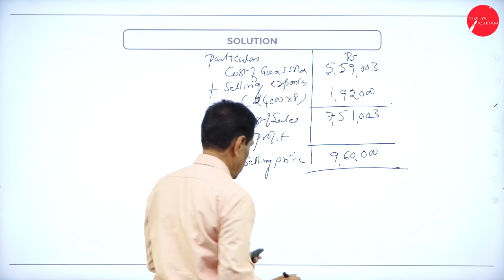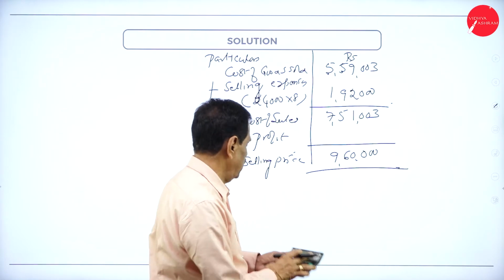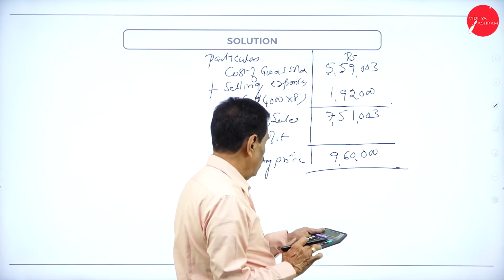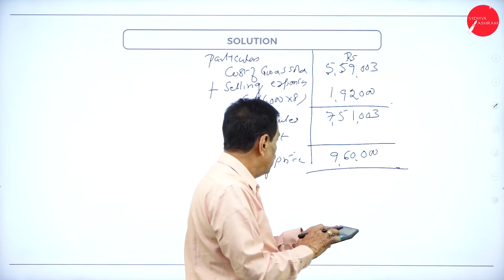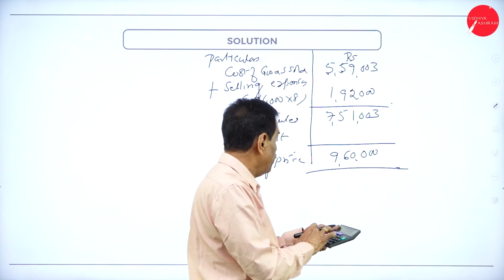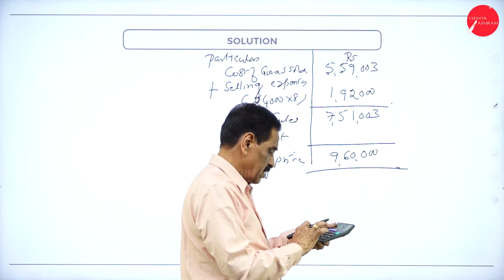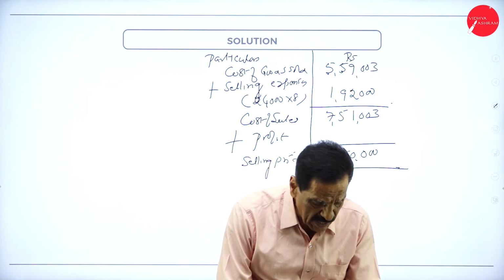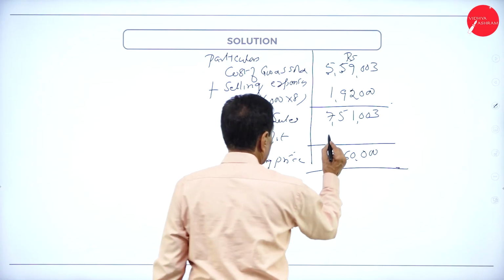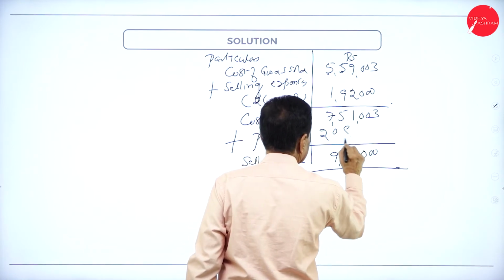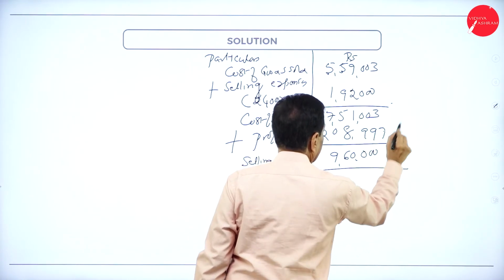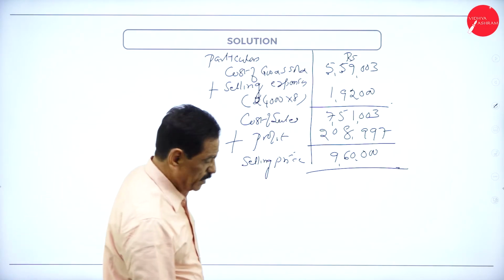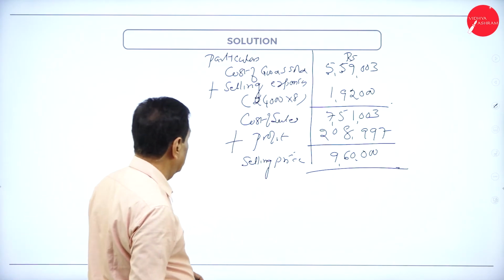Deduct 7,51,003 from 9,60,000, and it is 2,08,997. 2,08,997 is the profit. This is as per cost sheet.